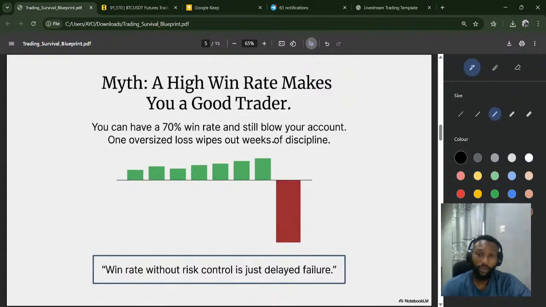It's crazy that there's a saying that 90 to 95% of traders are not profitable. I don't know how true that adage is, but looking at traders everywhere and traders that have lost money, that metric might be true.